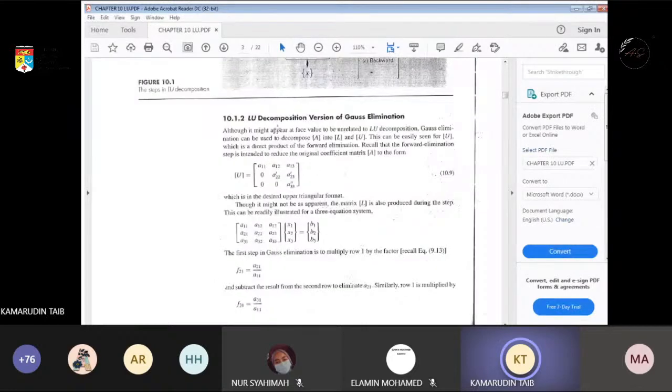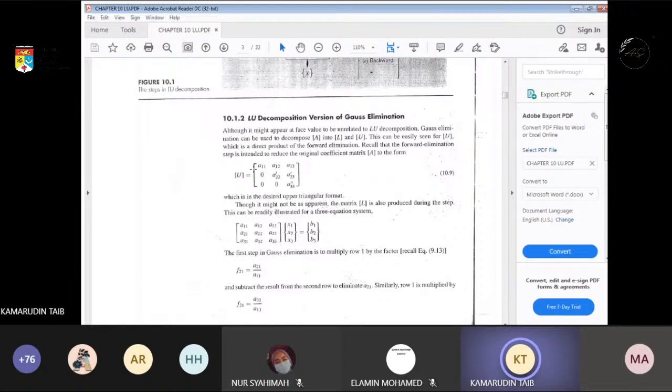In the process of decomposing the matrix A, we are actually employing the technique of Gauss as well. Gauss elimination can be used to decompose A into L and U. This can be easily seen for matrix U, which is a direct product of the forward elimination.